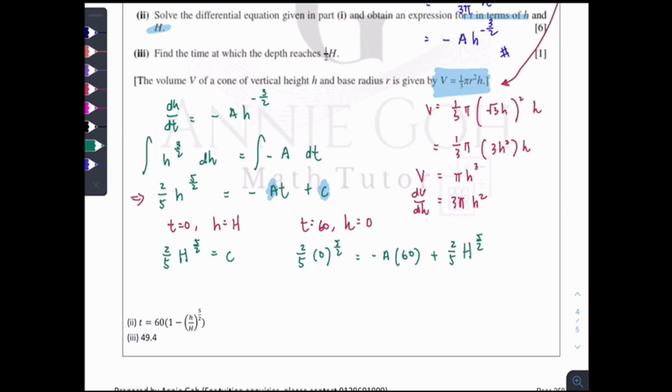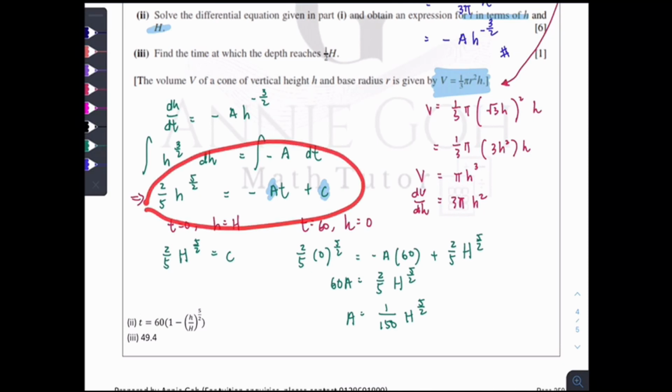From here, we try to get the a. The a will be equal to 1 over 150 h power 5 over 2. That's how we find out the c and a. Then we'll just need to substitute both the a and c into this differential equation.